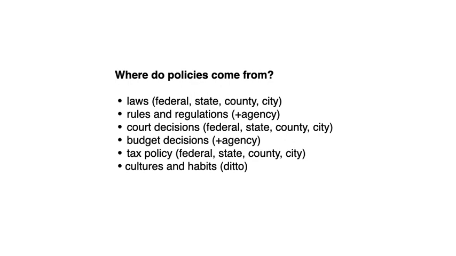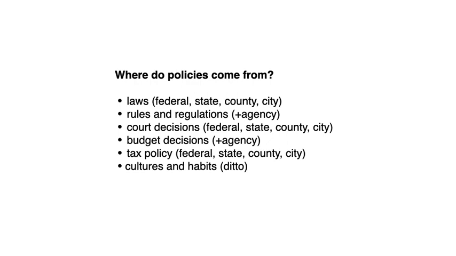We're talking about laws. We're talking about rules and regulations. These are often done in the executive branches or at the agency level. We're talking about court decisions, and that's, again, federal, state, county, or city at the municipal level. We're talking about budget decisions, often occurring within agencies, but also as part of the lawmaking process. We're talking about tax policy.